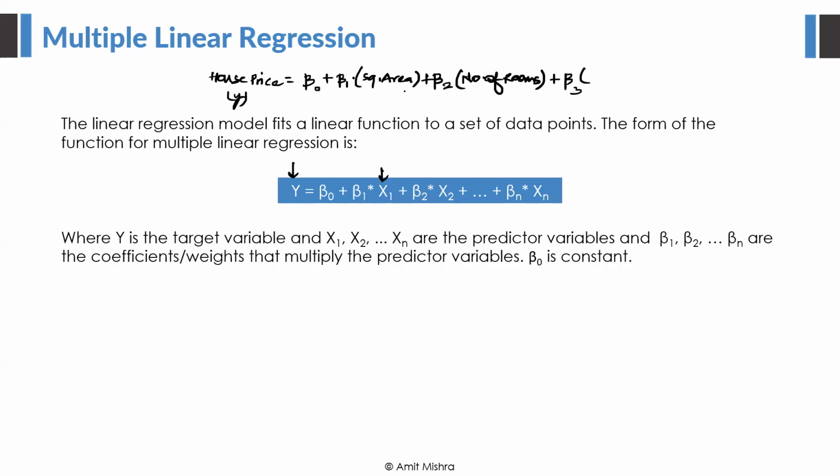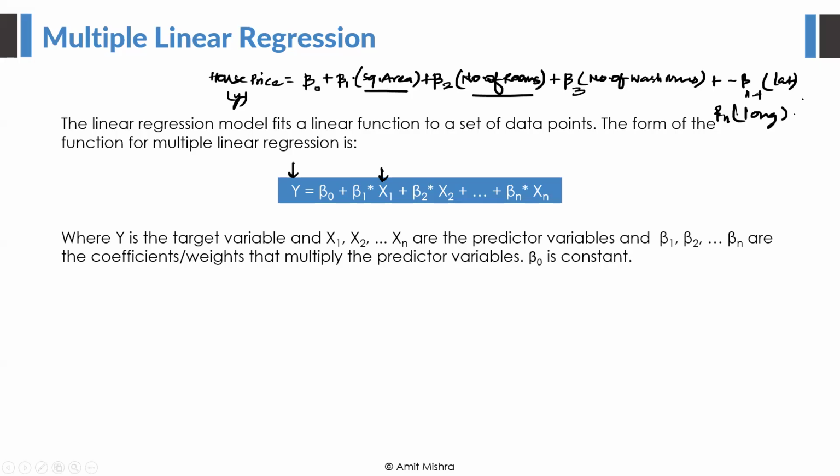which is x3, the number of washrooms, plus, let's say we go up to beta n, which will be latitude, beta n minus 1 and beta n will be longitude.